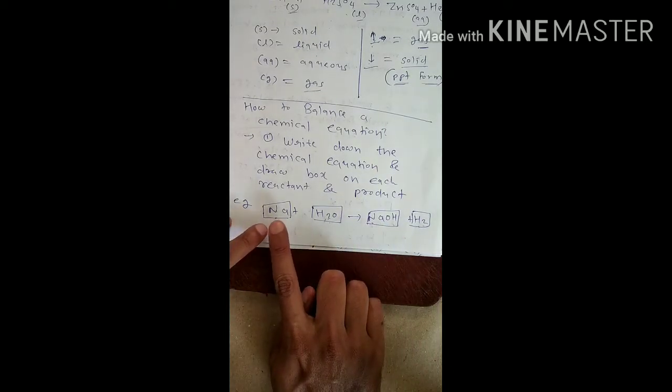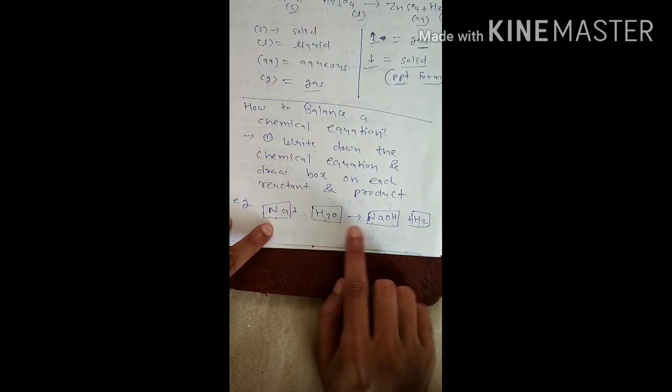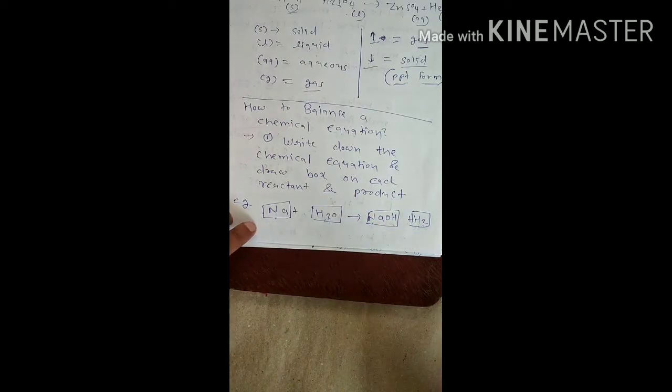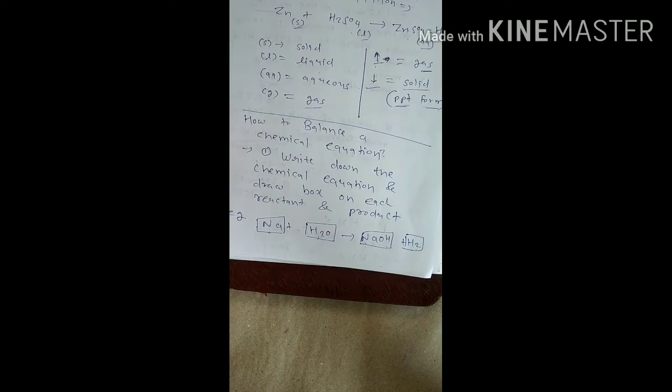Sodium element, that means Na, reacts with water, H2O, to give sodium hydroxide. Now how to write the formula for sodium hydroxide? First of all you have to remember the valency of sodium and hydroxide ion.